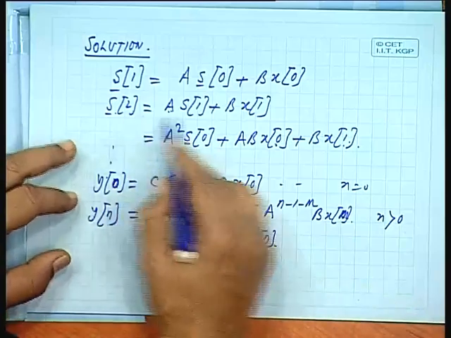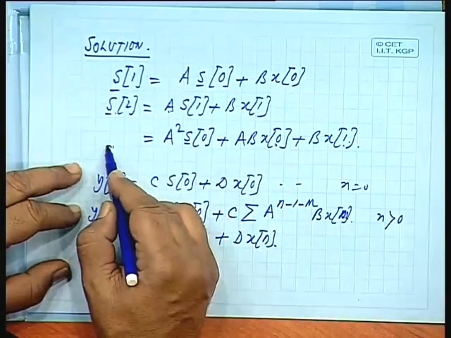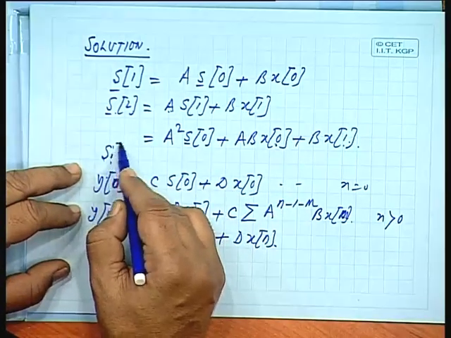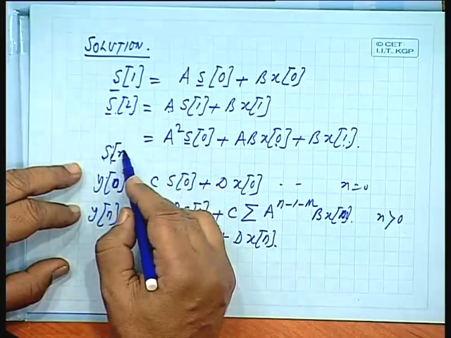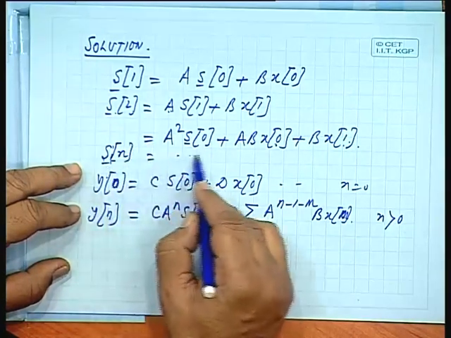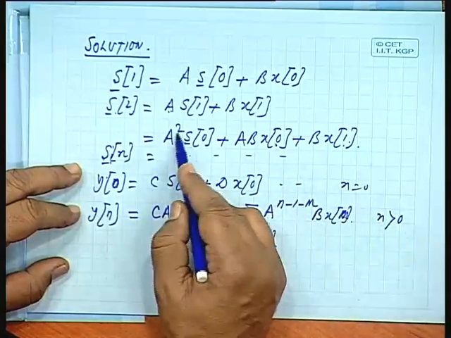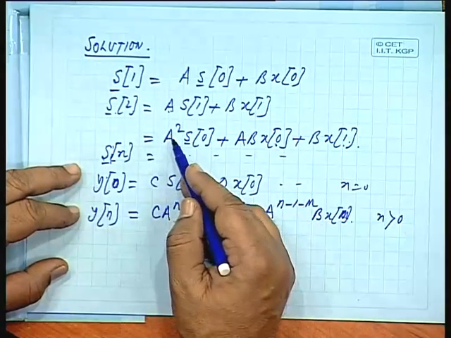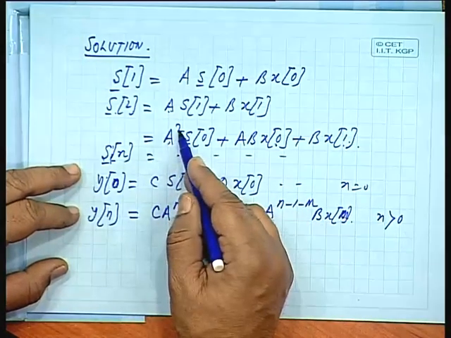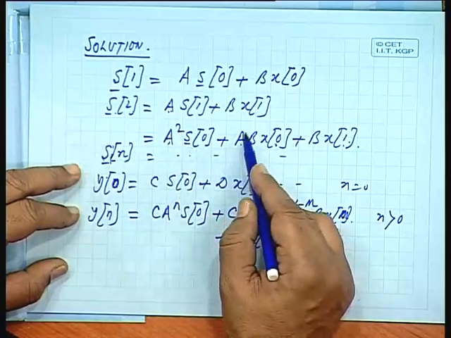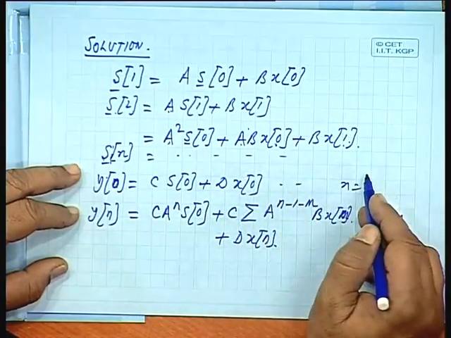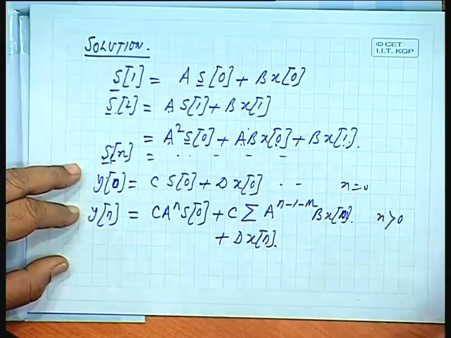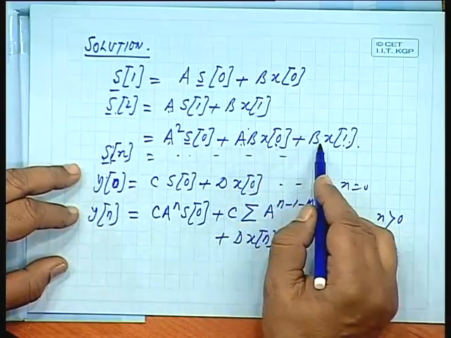This you can see by substitutions. I have not written S at other higher values, S n. What will this be? You will get A squared, A cubed, A 4 and so on, A to the power n. Similarly, A to the power n minus 1 and so on. B will not be squared any time, B will appear as it is.